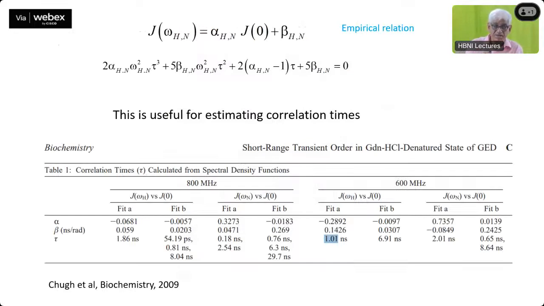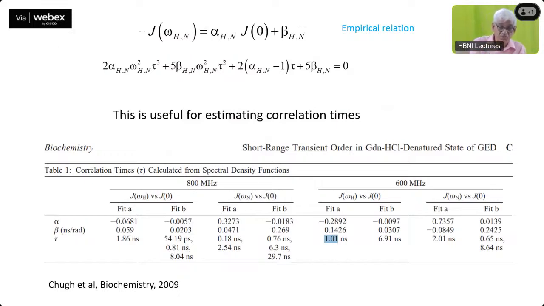You have an empirical relationship between J omega HN and J0. This relation is purely empirical. Now you substitute this into your equation, the spectral density function.